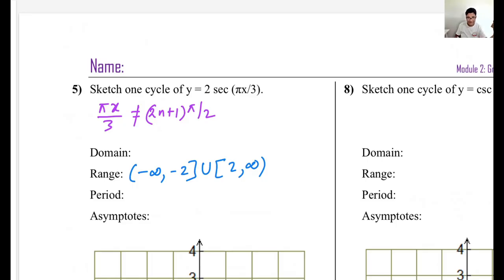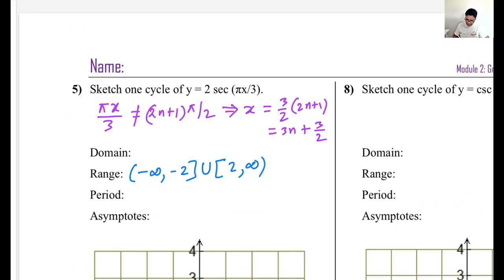Then you solve for it, simplify it. Luckily, this is easy because you don't have to add or subtract. You take that pi over 3 and flip it to the right side and multiply, right? The rules of algebra dictate that. And the pi will get cancelled. You will get 3 over 2 times 2n plus 1. When you simplify that, it becomes 3n plus 3 over 2.